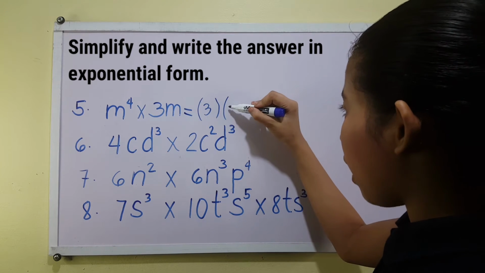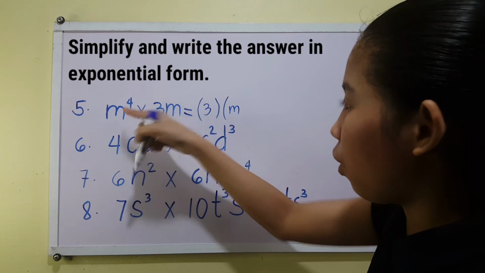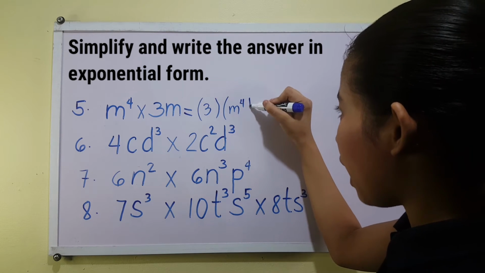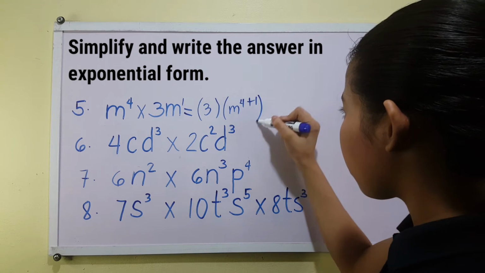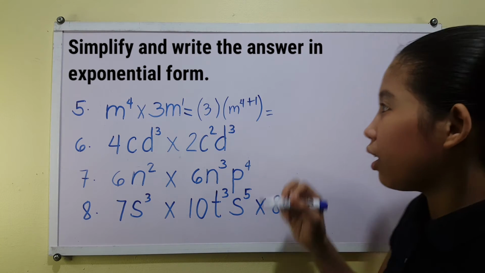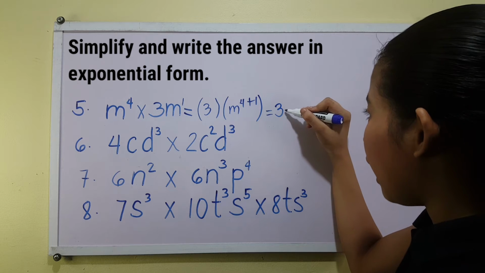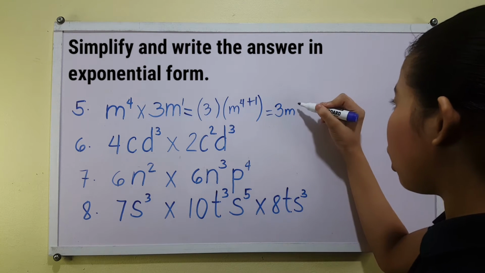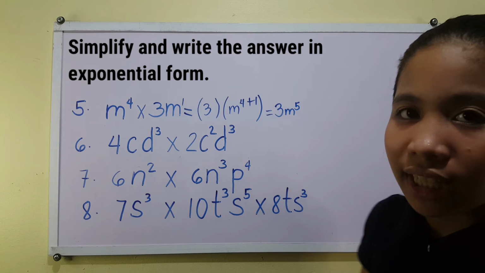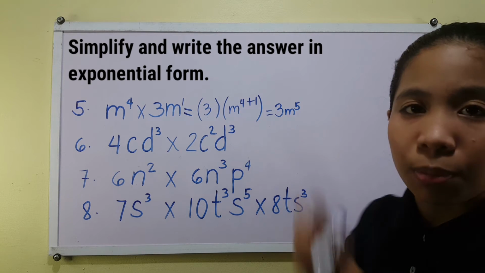And for the next group, we have m to the power of 4 plus 1. Now, let us simplify. We have 3 and m to the power of 4 plus 1 is equal to 5. So our answer is 3 and m to the power of 5.